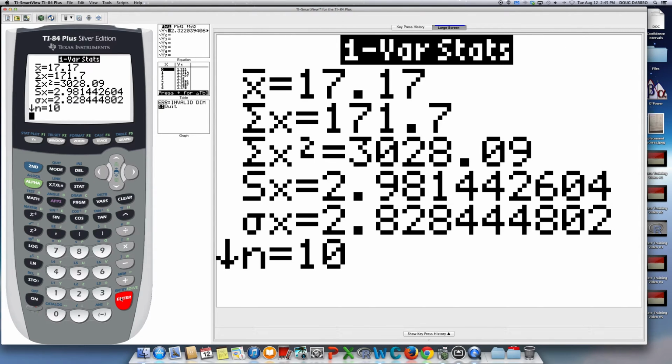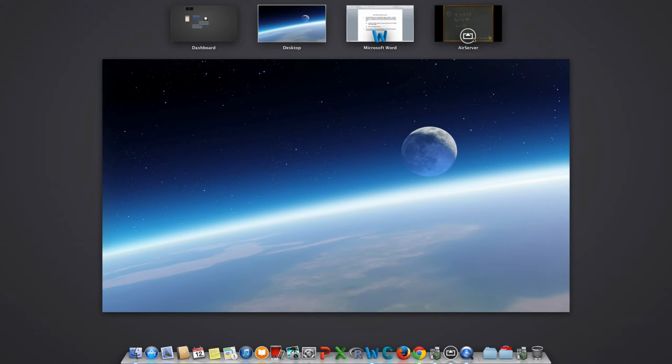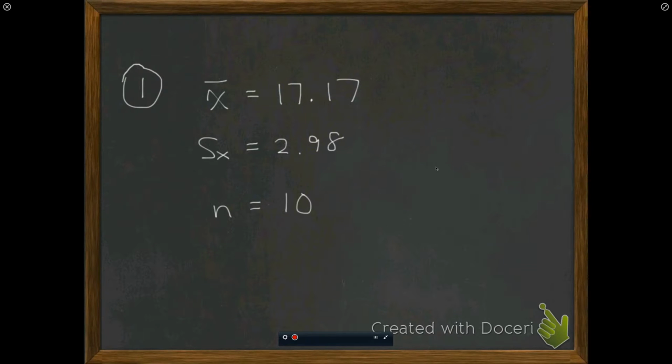So our mean is 17.17. Our standard deviation is 2.98. And my sample size is equal to 10. All right, cool. All right, so I've written this down.